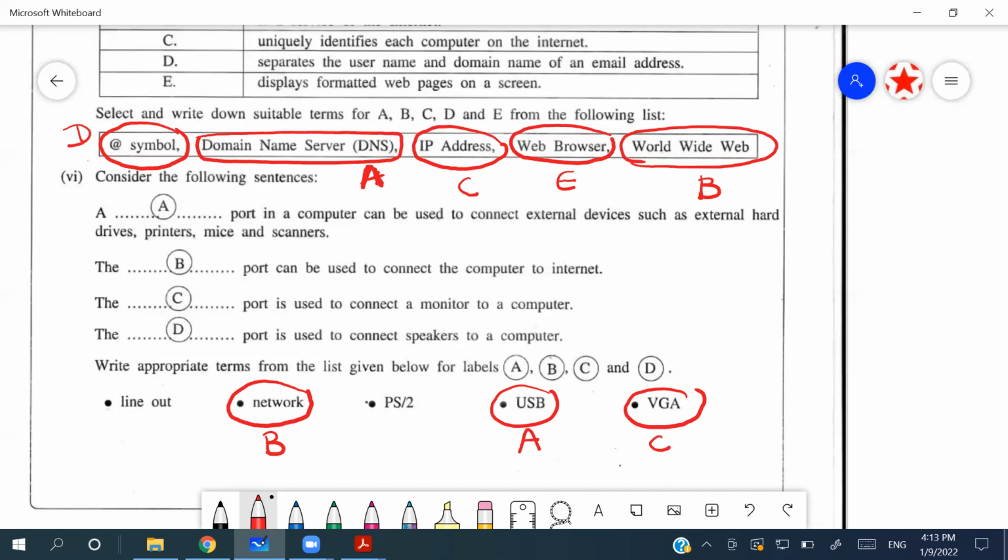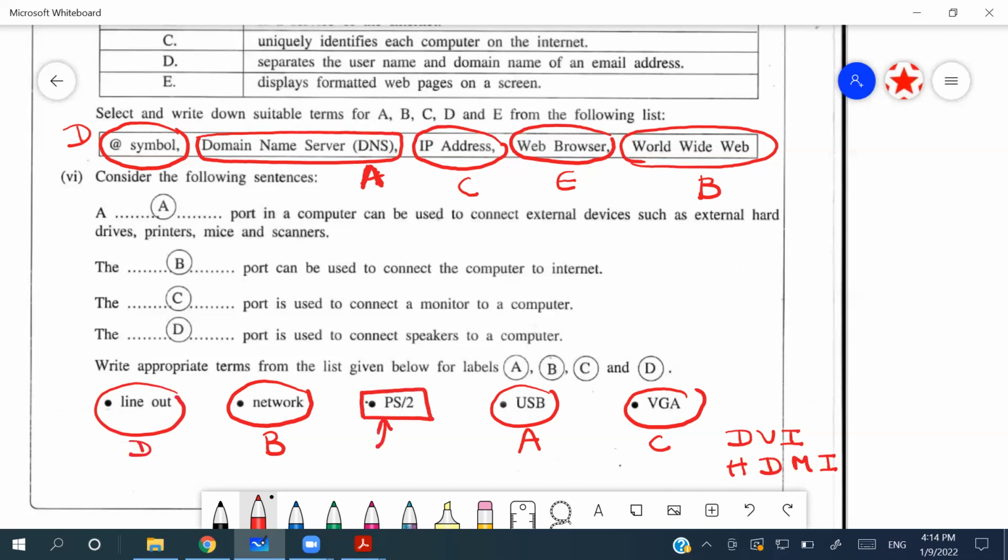Other than the VGA, what do we have? We have the DVI port and we have HDMI. Even these two can be used to connect a monitor with the system unit, right? And a blank port is used to connect a speaker to a computer, definitely a line out, right? So it's going to be D, right? And what is PS2, people?